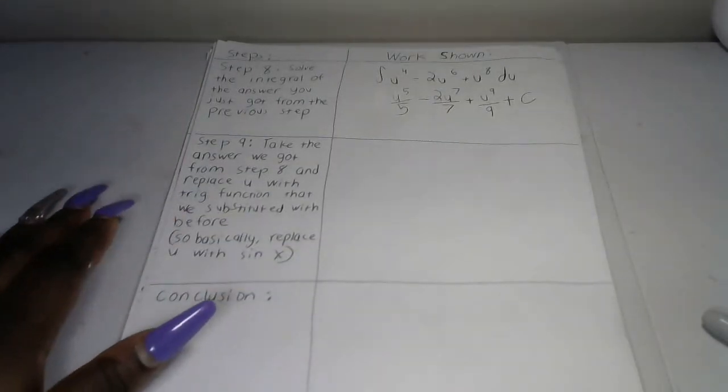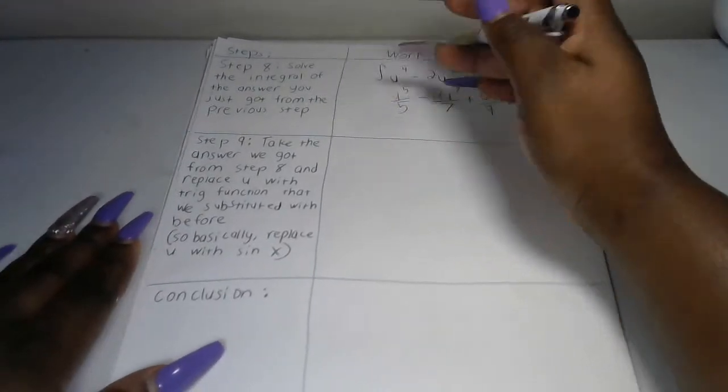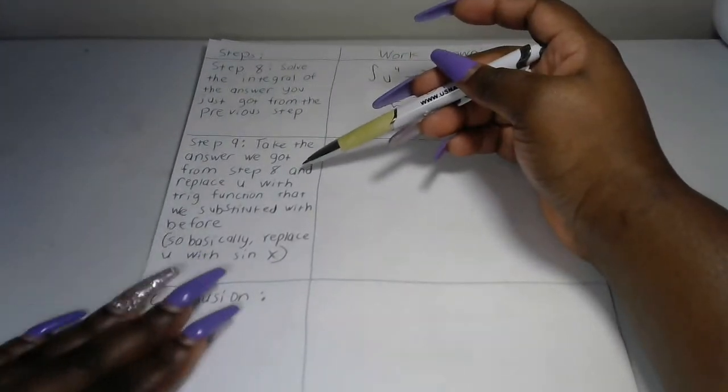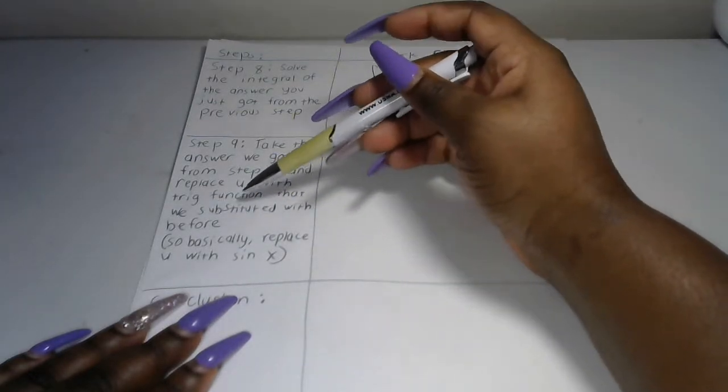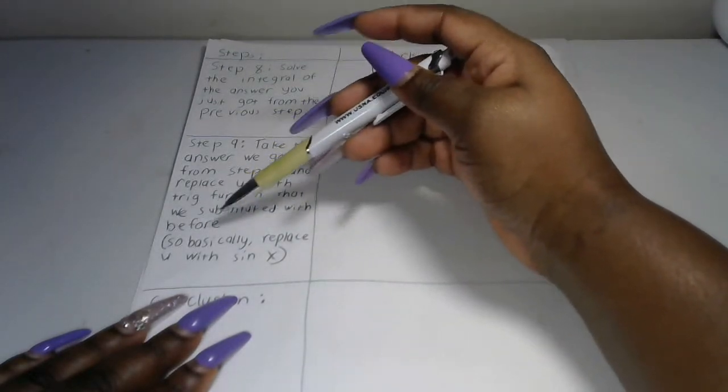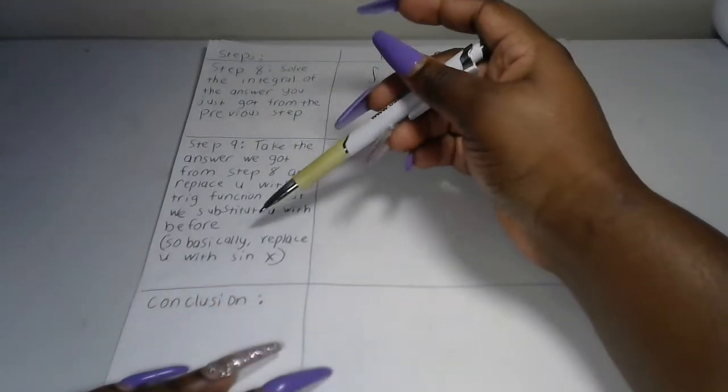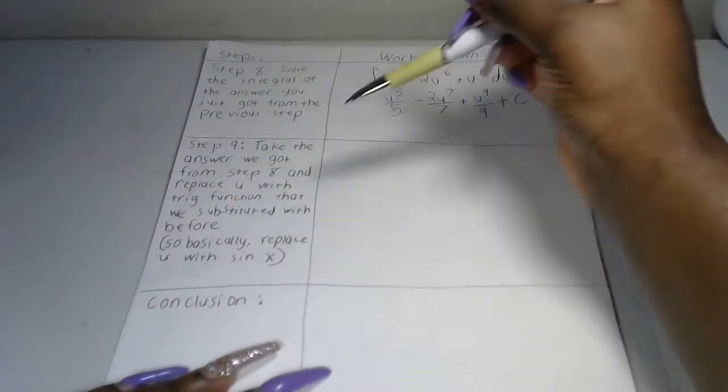For step 9, we're going to take the answer we got from step 8 and replace u with the trig function we substituted before. So basically this step is we just replace u with sine x.